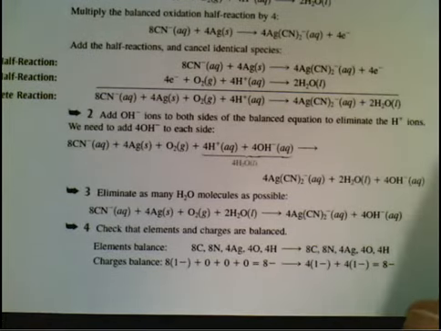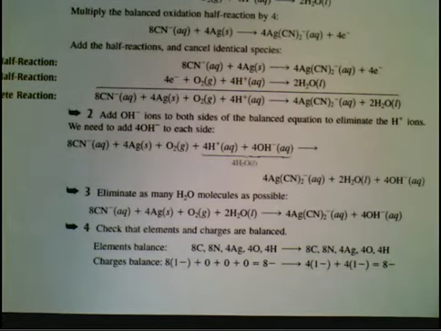Next, we're going to add the hydroxide ions, the OH-1 ions, to both sides of the balanced equation to eliminate the H plus ions. We need to add 4 OH minuses to each side in order to do that.